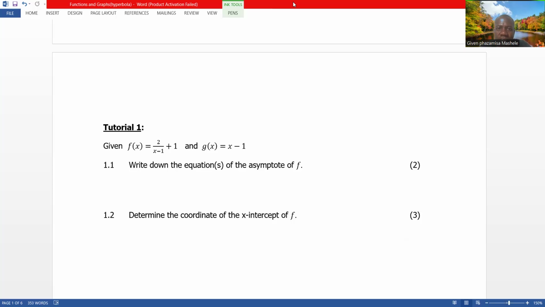Okay, let me just try to minimize this. This time around, I wanted to use the, okay, let me take it vertical.